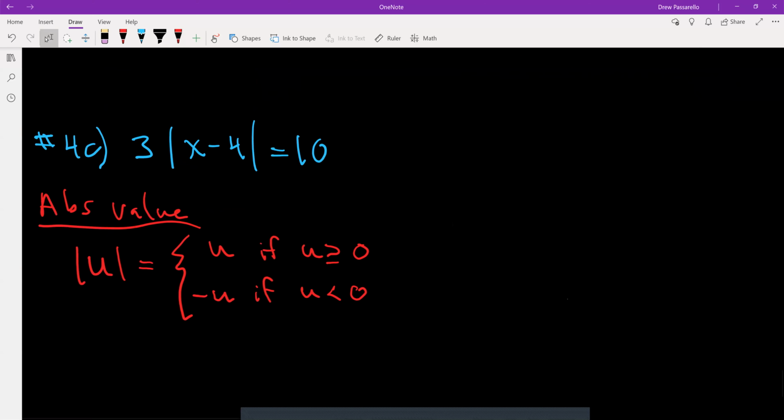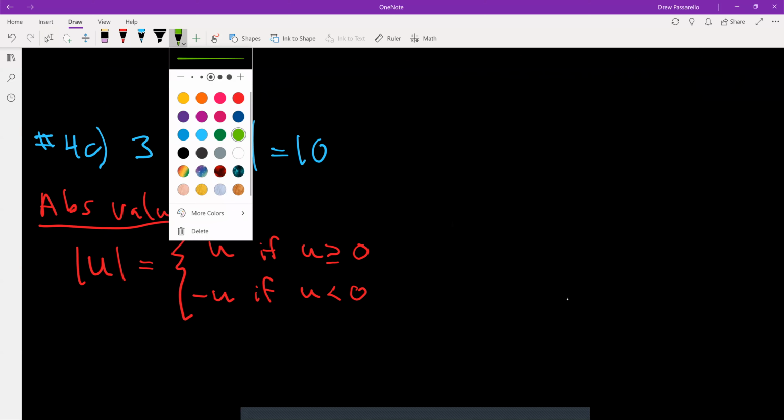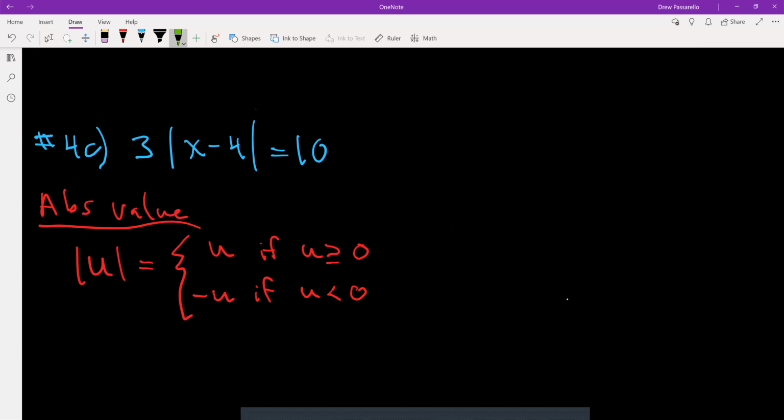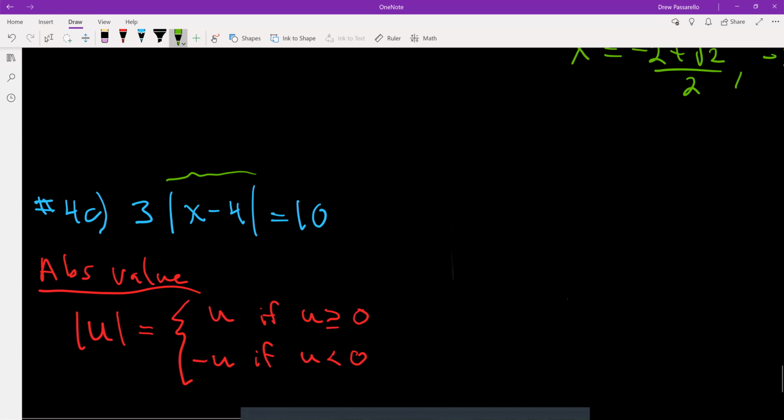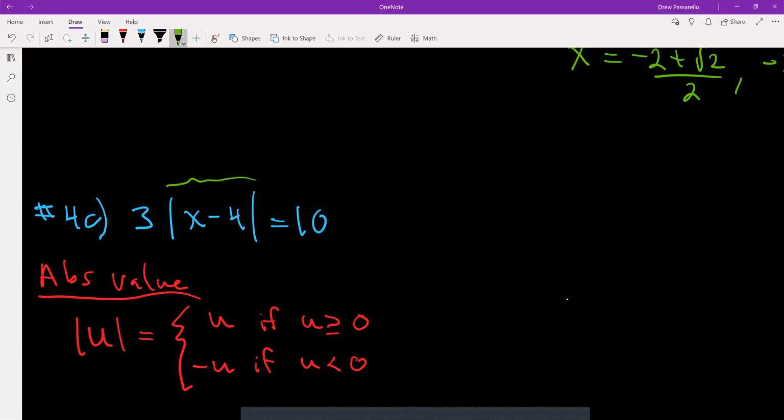Before I apply that, I need to get the absolute value quantity, the x minus 4 quantity, by itself first. I can't just go directly into using the definition of absolute value.